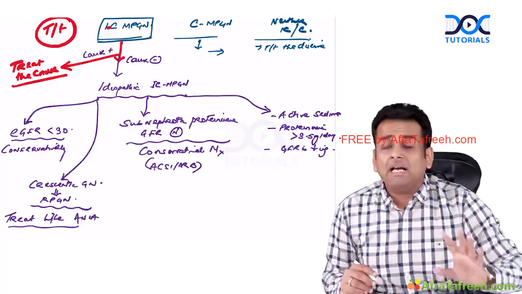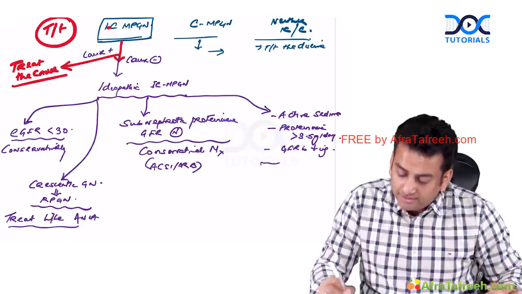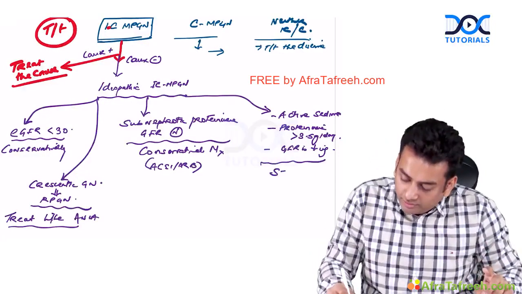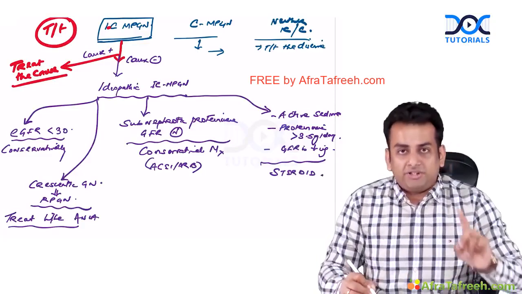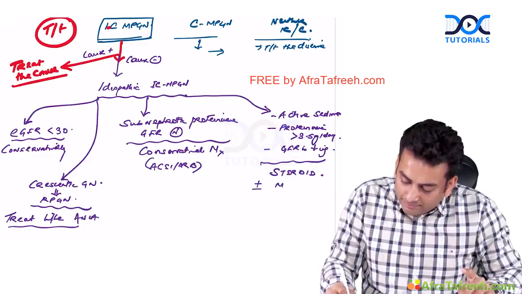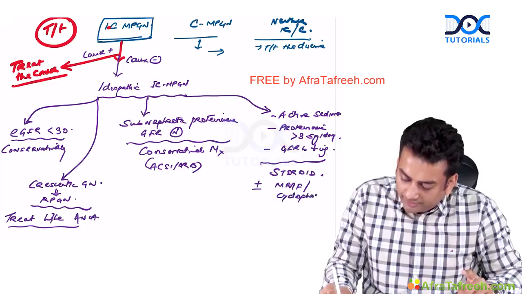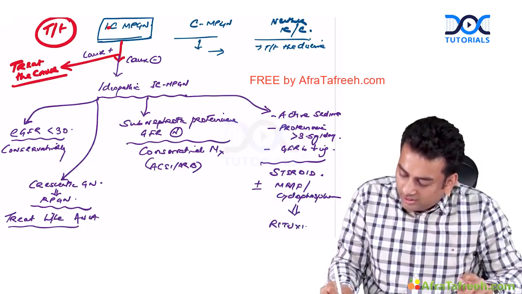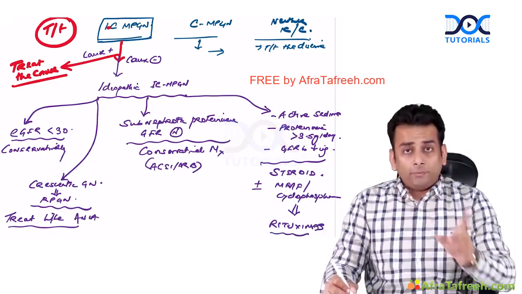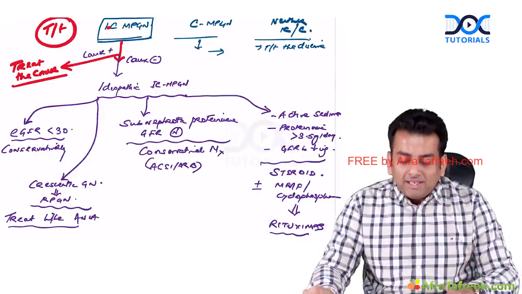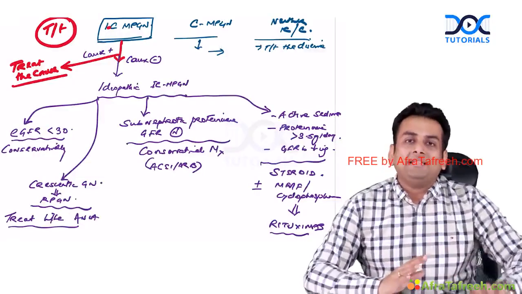There is proteinuria which is massive. Then you have to give immunosuppressant. There, what will you give? You will start the patient with steroid plus or minus MMF or cyclophosphamide. If this does not work, of course, you have your Brahmastra, not the movie I'm talking about, but rituximab. So this is how you treat your idiopathic immune complex MPGN.